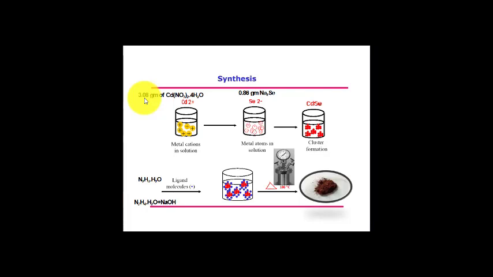We are using hydrazine and sodium hydroxide. Then all of the reactants are added into an autoclave and they are heated at 180 degrees Celsius temperature for 2 or 3 days, and finally we get the product which is shown here, the powder product of cadmium selenide.